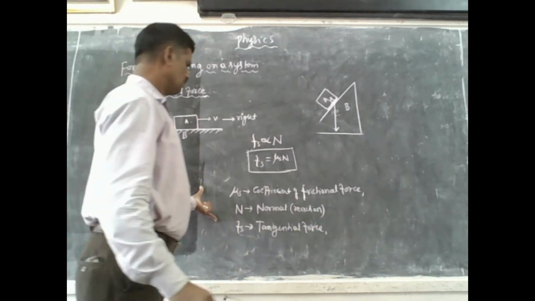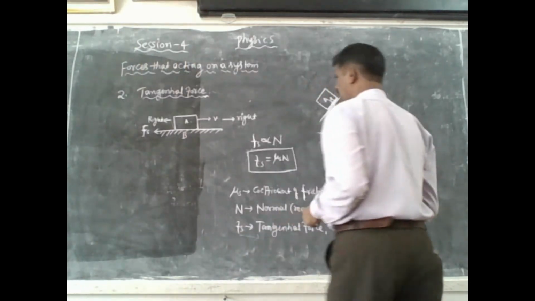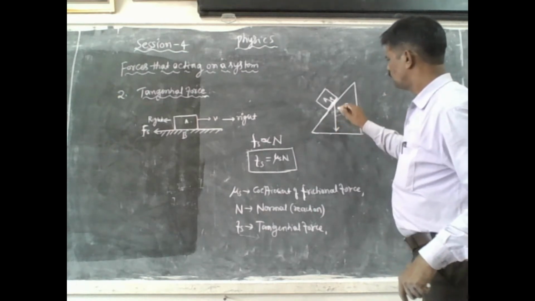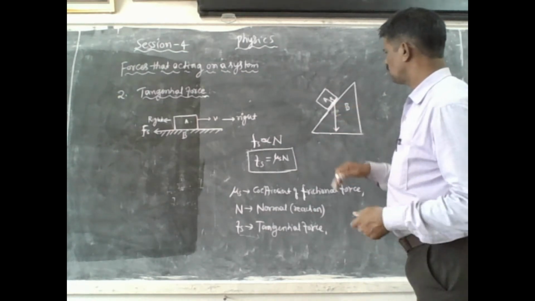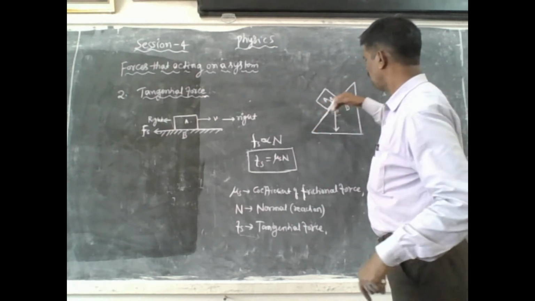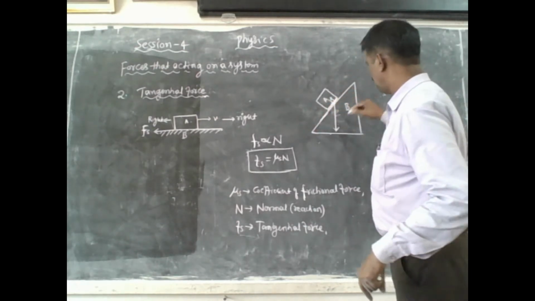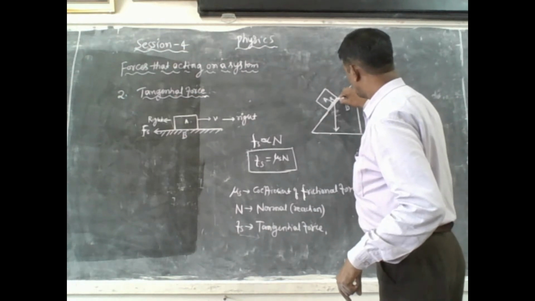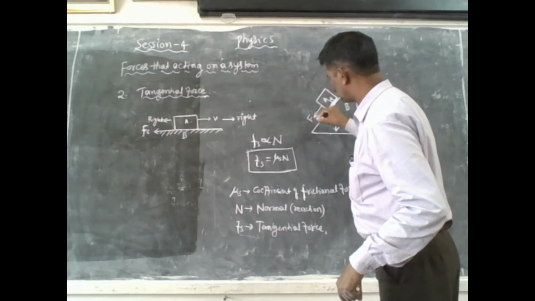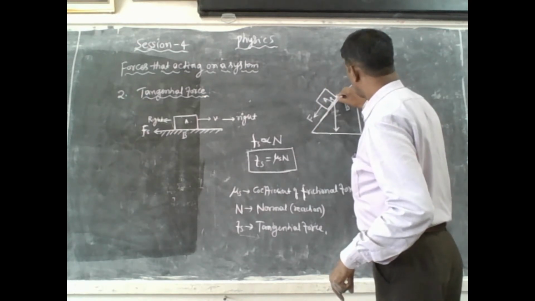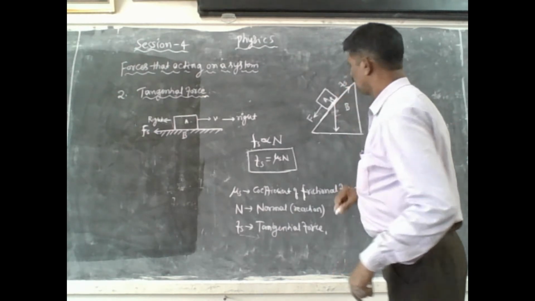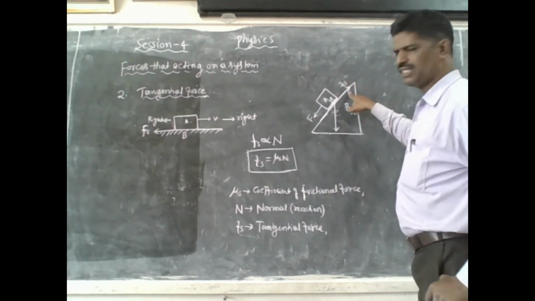So this is known as the tangential force. Here also, on the inclined plane, suppose body A slides over another body, the inclined plane. The force of the body is directed downward, and the frictional force Fs develops in the opposite direction.